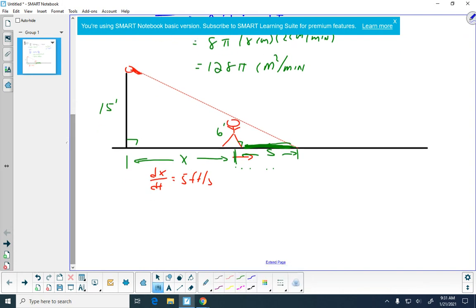Well, if we take a look at the ratios of the sides, we have 6 and 15 that correspond because of the both heights. So we have 6, which is a small triangle, and then we have 15, which would go with the big triangle. Well, the small triangle will give us a value of S there.